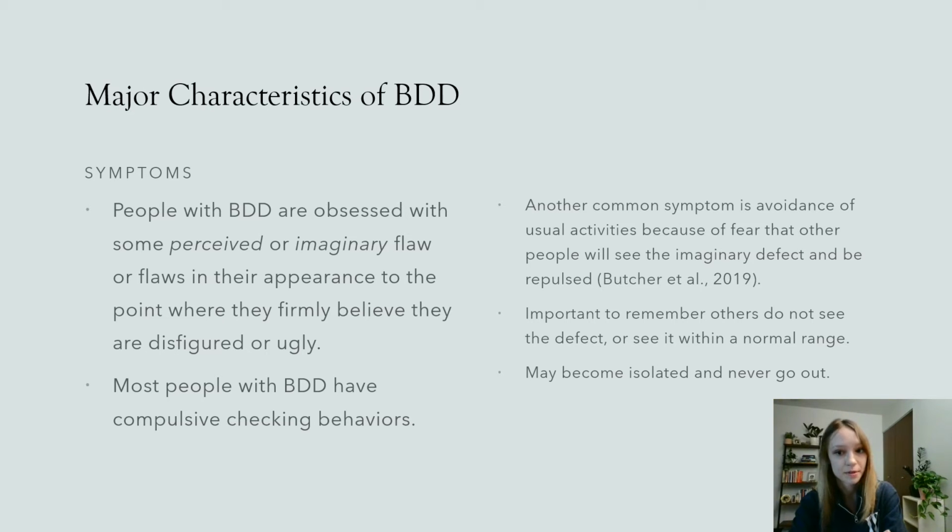Another common symptom of BDD is avoidance of usual activities, because of the fear that other people will see this imaginary defect and just be absolutely repulsed. So really this can lead to a lot of social isolation. It's important to remember that others do not see the perceived defect, or they see it within a normal range. As a result of this, these people may become isolated and never go out.